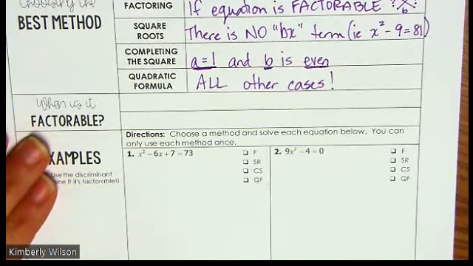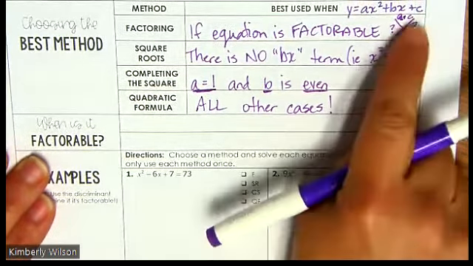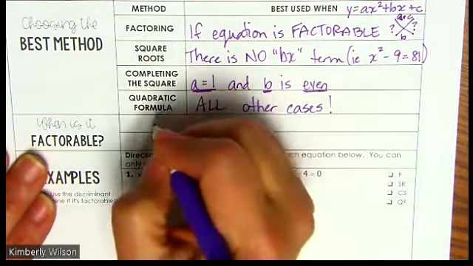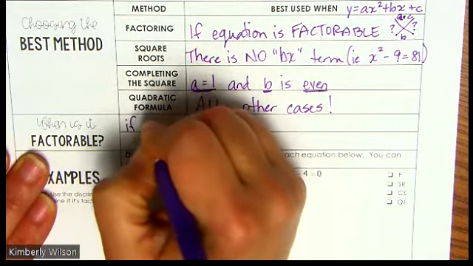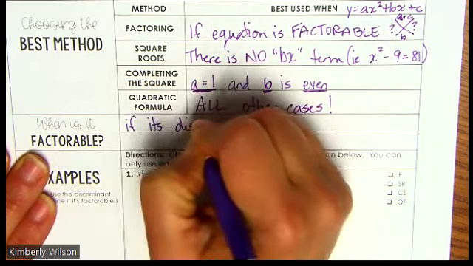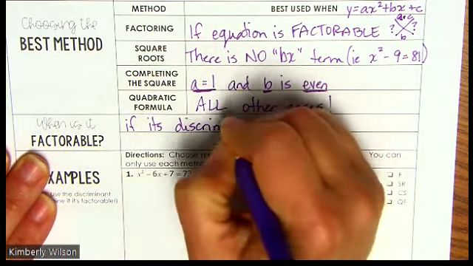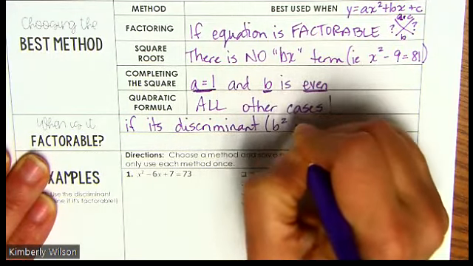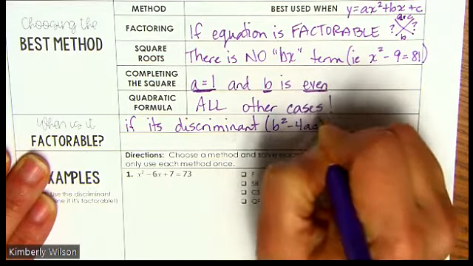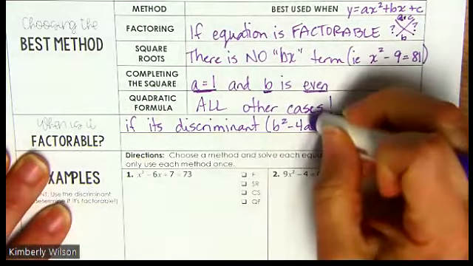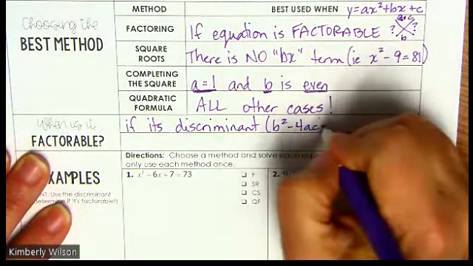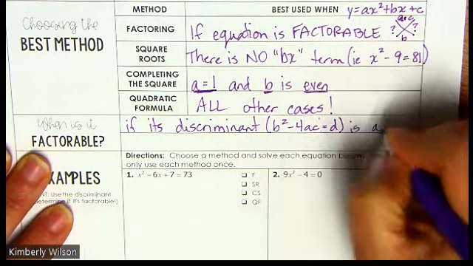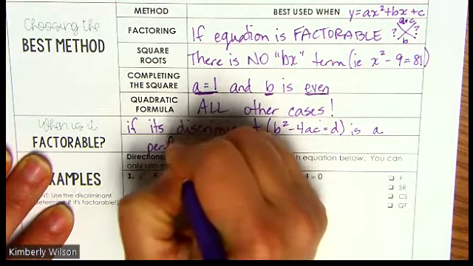Okay, so when is it factorable? How would we know really quickly? We can either use this method right here, or somewhat of a faster way is if its discriminant, and remember that's b squared minus 4ac, that is what the discriminant is equal to, is a perfect square.